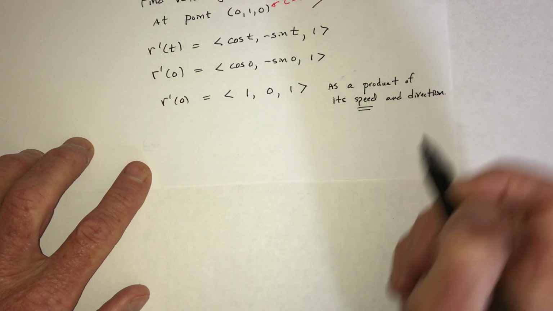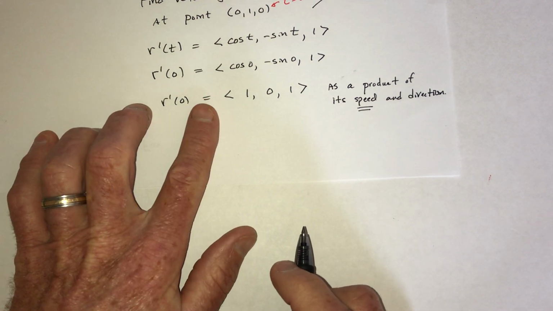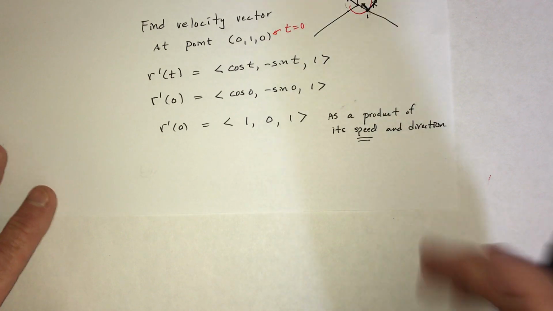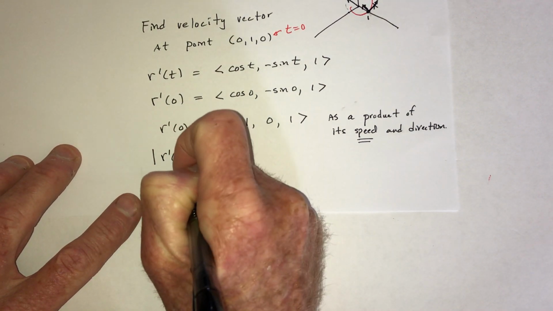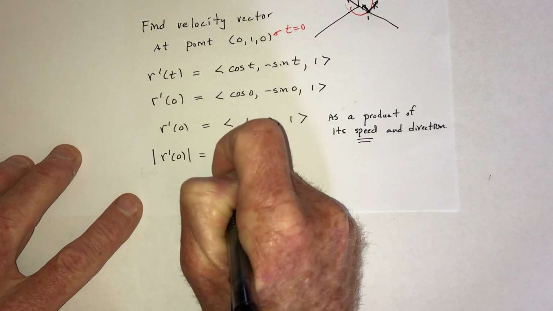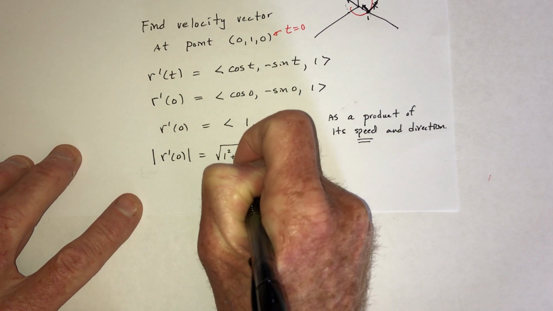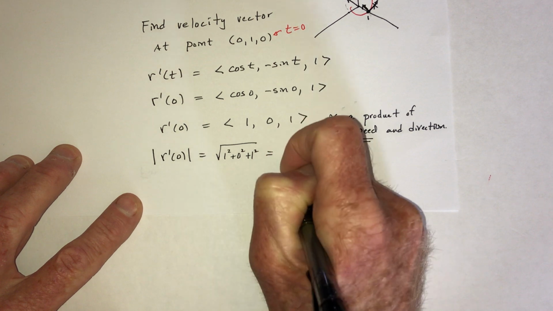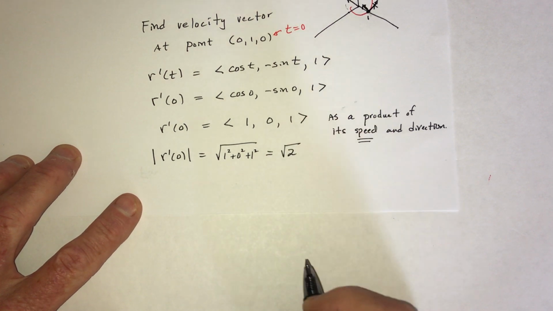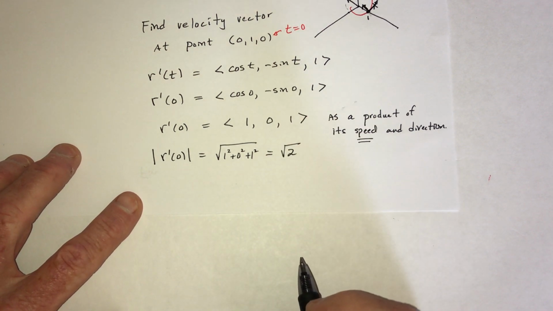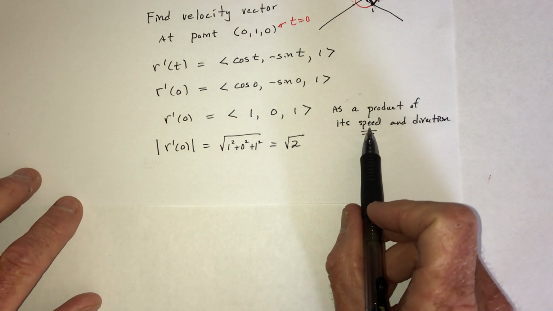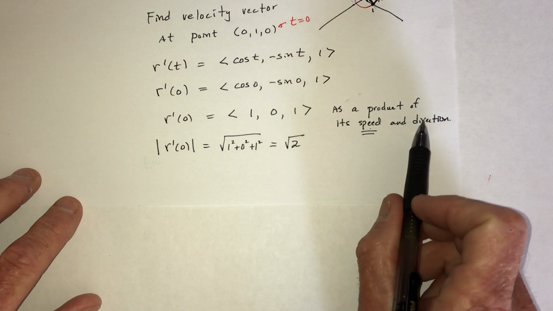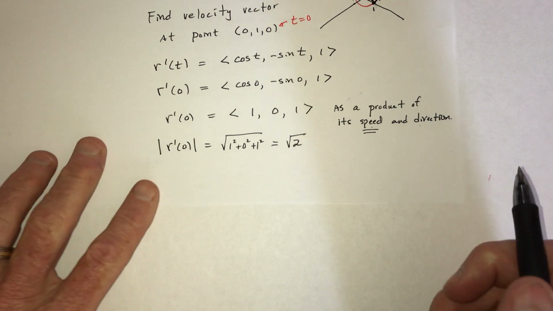So the speed, that's just the length of the velocity vector. So the speed will be the length of this vector, which will be the square root of 1 squared plus 0 squared plus 1 squared. That's going to be the square root of 2. So rewrite this vector so that it's a product of the square root of 2 and its direction.